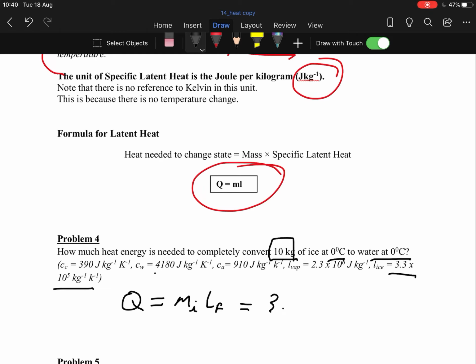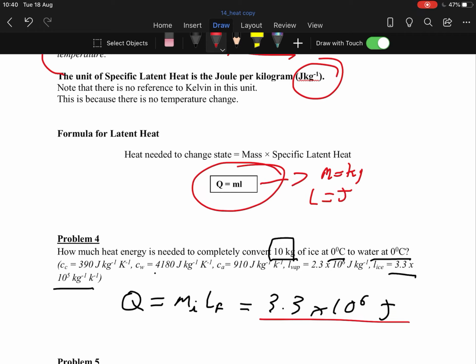So therefore that should give us 3.3 by 10 to the 6 joules. Why is it joules, why not joules per Kelvin? Because mass is kg, latent heat of fusion is joules per kg, so kg times joules over kg. Kg cancels kg, left with joules.